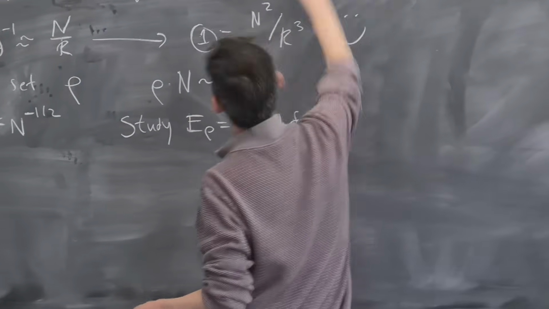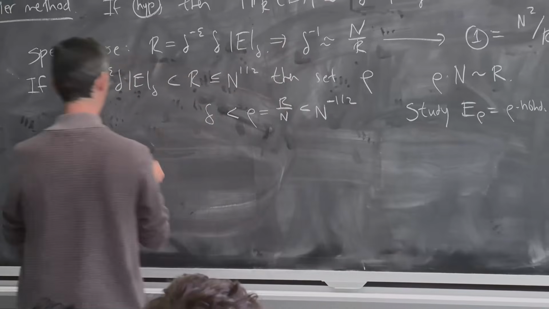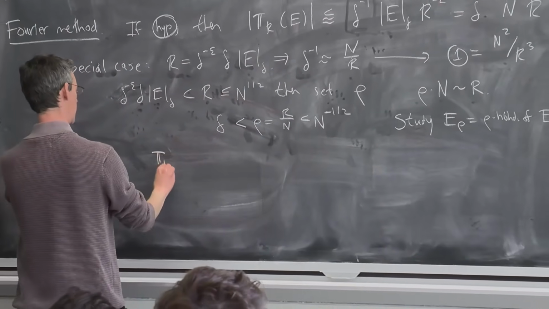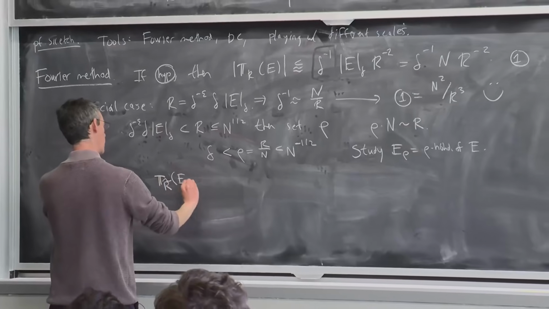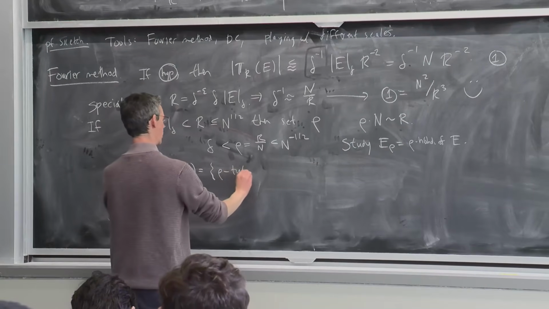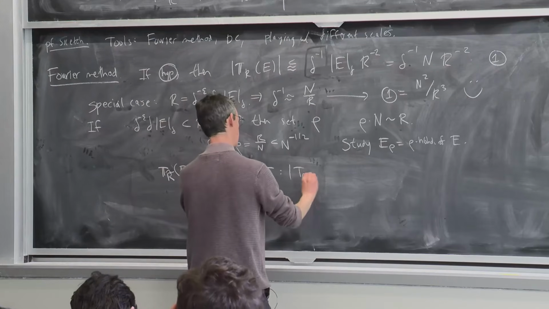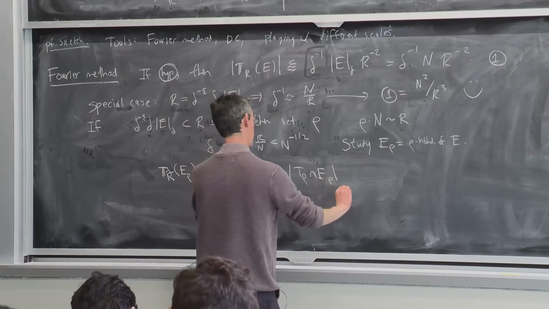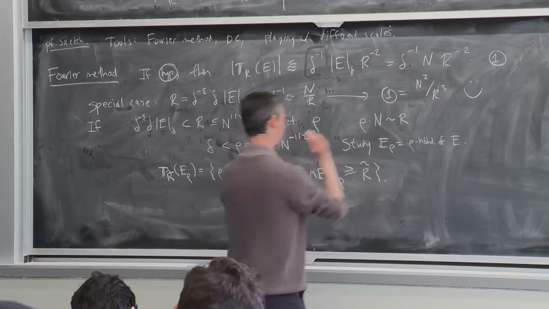So now let's make a definition. T_r tilde of E rho is the set of rho tubes, T rho, so that if I take T rho intersected with E rho and I take its rho covering number, that's at least r tilde.